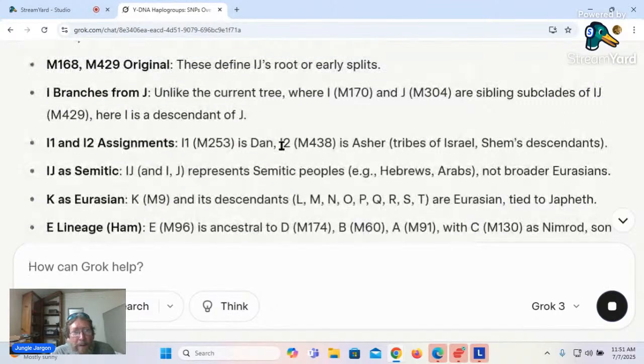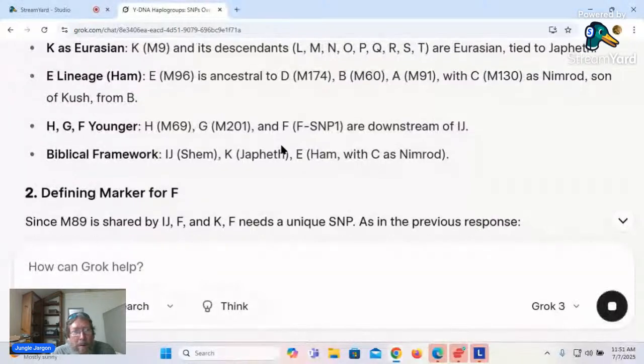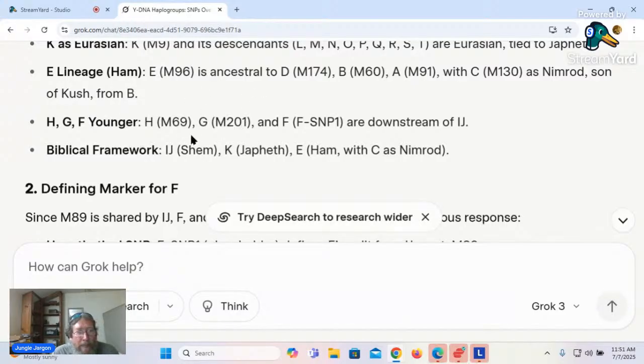Right. C is Nimrod. And of course, B is Cush. Lineage of Ham. E, lineage of Ham. Okay.